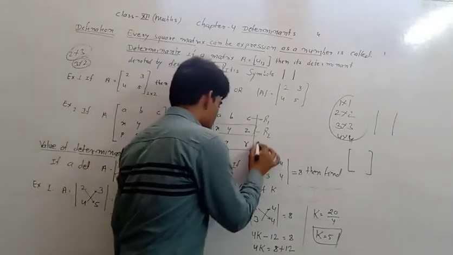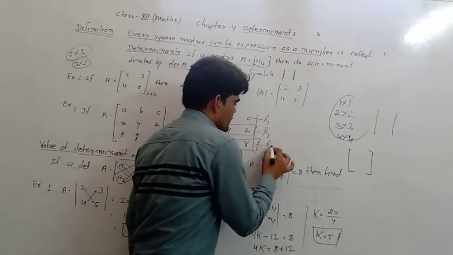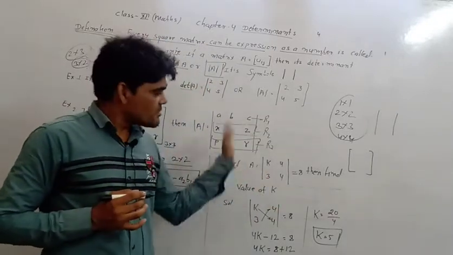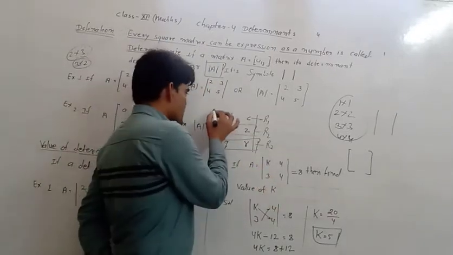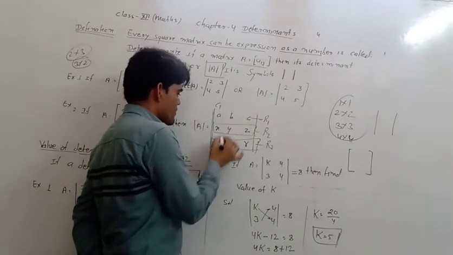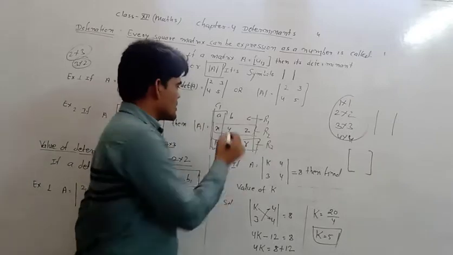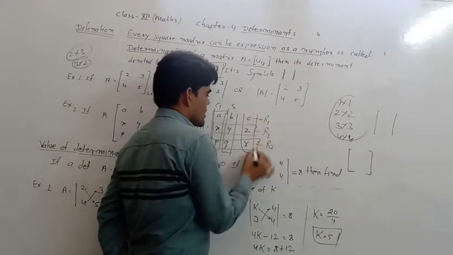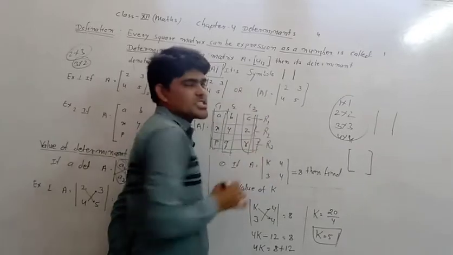This is R3, we also expand by the third row. Similarly, we expand by C1, the first column, this is the first column, and this is the second column C2, and this is the third column C3.